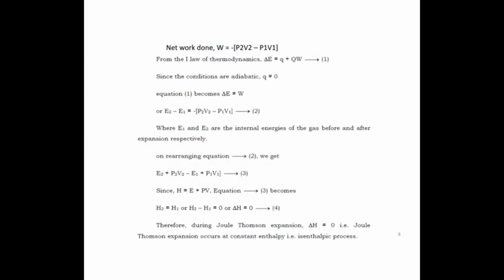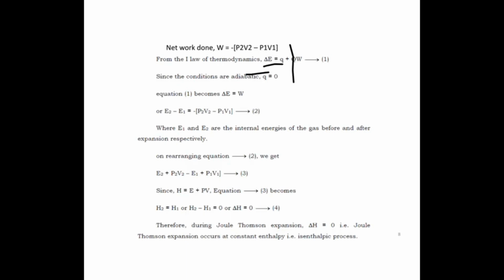So from the first law of thermodynamics, what it says is delta E is equal to Q plus W. Ignore the earlier line, that was a typing error. Delta E is equal to Q plus W. Delta E is nothing but the change in internal energy, whatever the changes taking place inside the system.